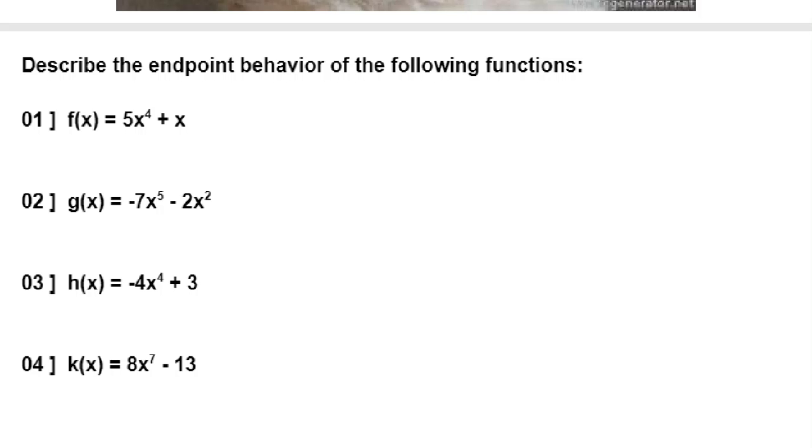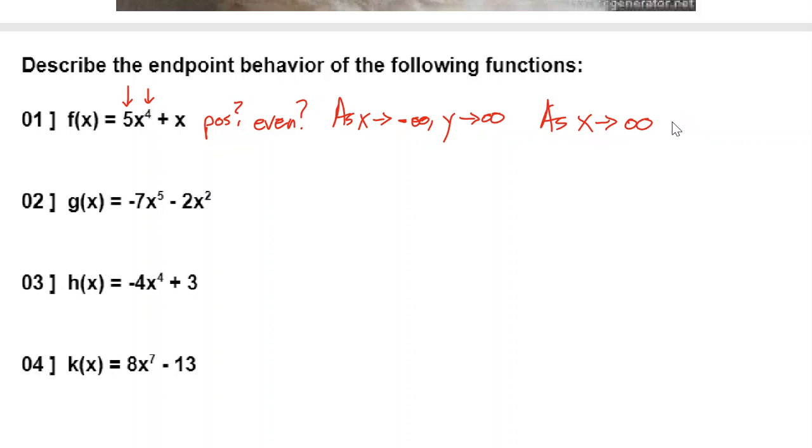The fact that this first one is positive and has an even degree means that as x approaches negative infinity, y is going to go up, and as x approaches positive infinity, y is still going up.